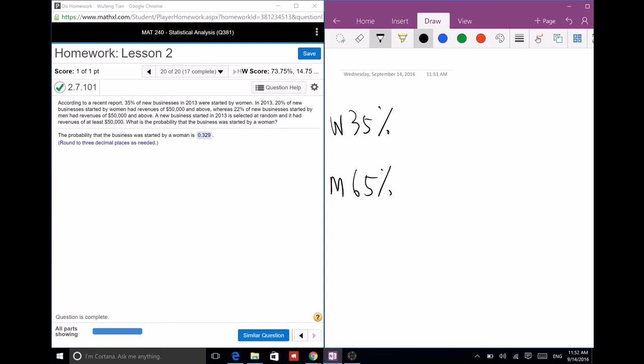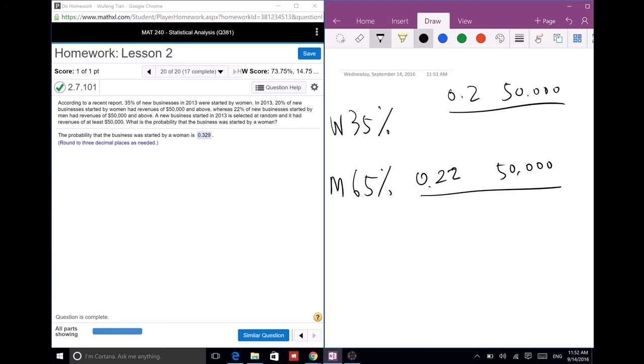And 20% of the new businesses: out of the 35%, 20% have revenue of $50,000 or above. And 22% of new businesses started by men, so it's 0.22, have $50,000 or above.